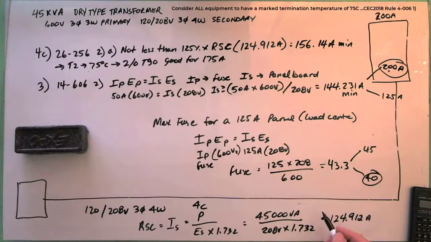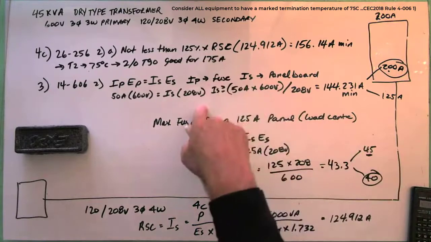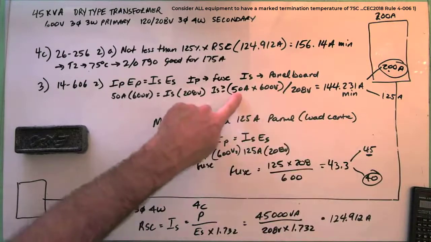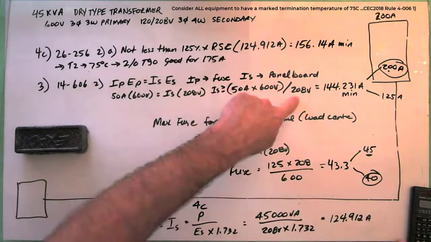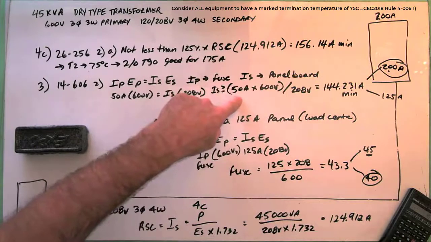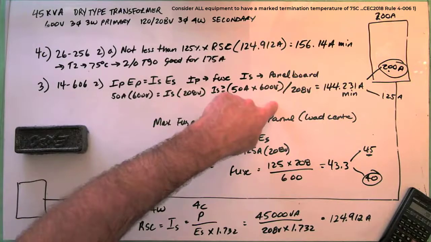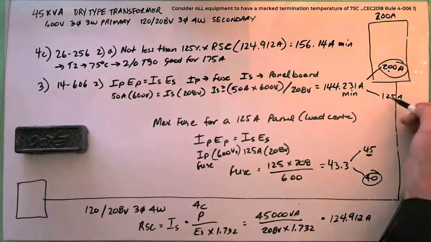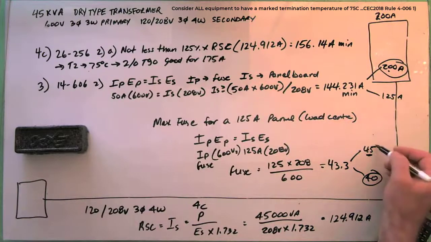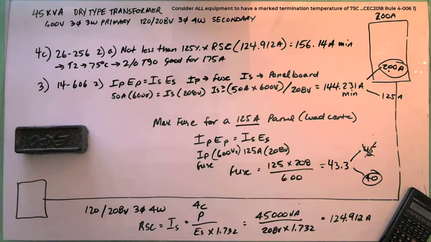And if you're not sure, like if you said 45, put it back into the formula. 45 times 600 divided by 208. For math, it's perfect because I got 129 amps. Well, can I go down to a 125? No. So there's no way you can use a 45 amp fuse on a 125 amp panel.